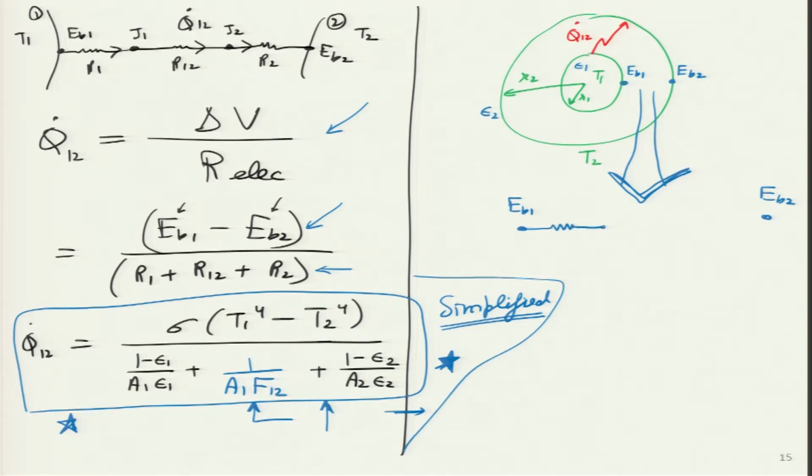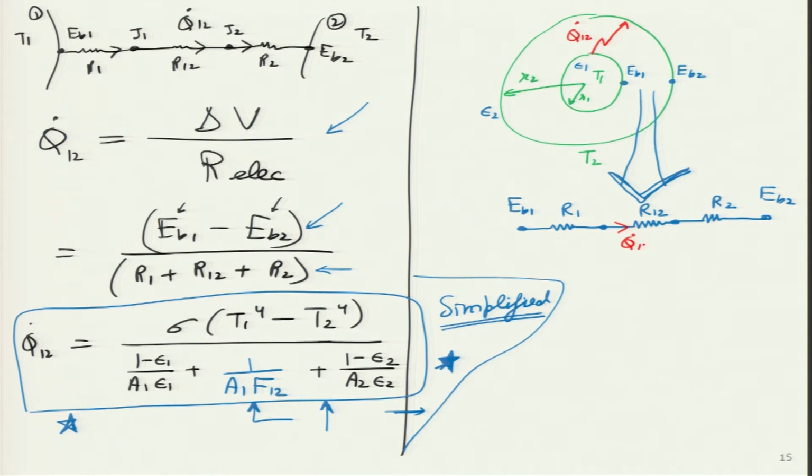Which means I will then start putting 3 resistances over here. The first resistance will be the surface resistance for surface 1, the last one will be the surface resistance for surface 2, and the middle one will be the space resistance between surface 1 and surface 2. And the answer is so simple.